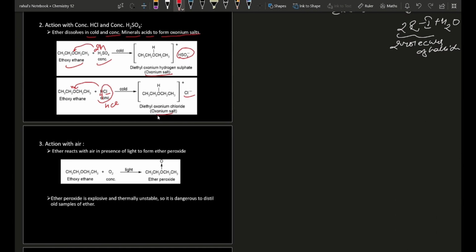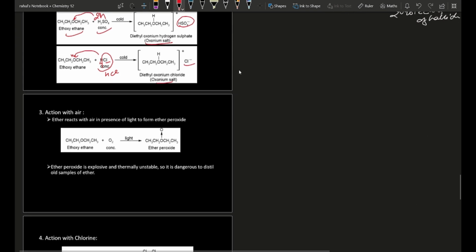Now action with air. Air means O2. So action with O2. When ether reacts with air in presence of light, it forms ether peroxide.